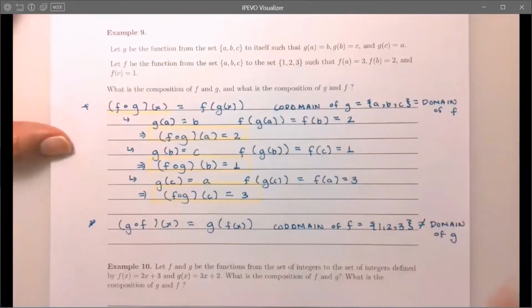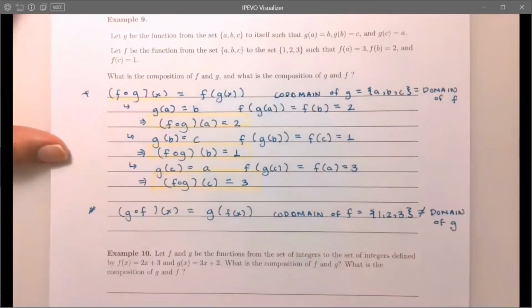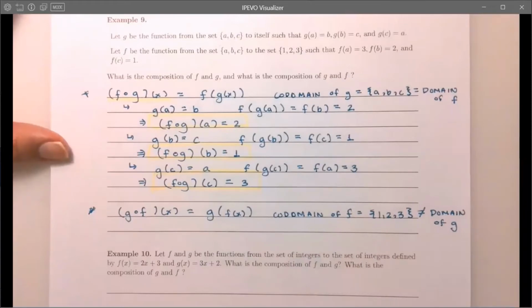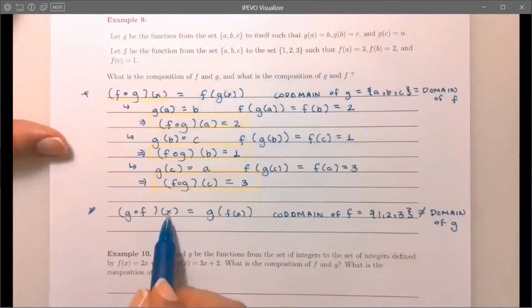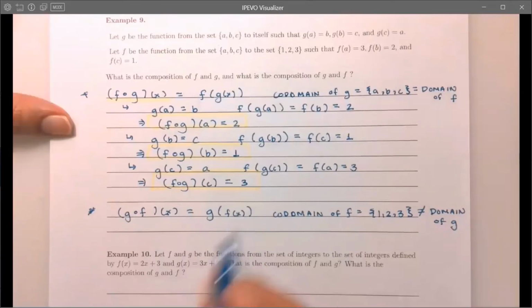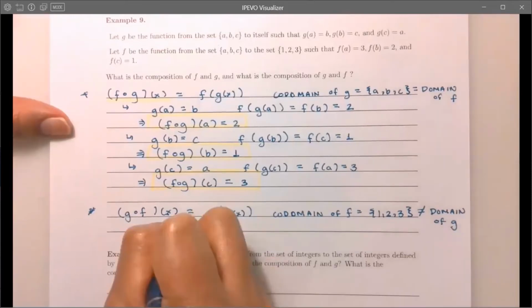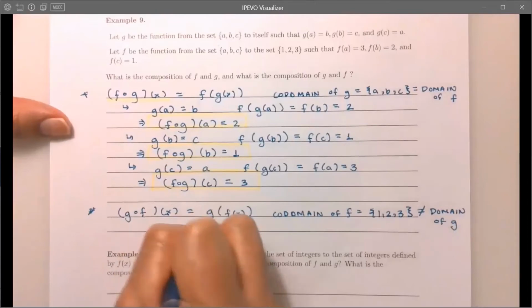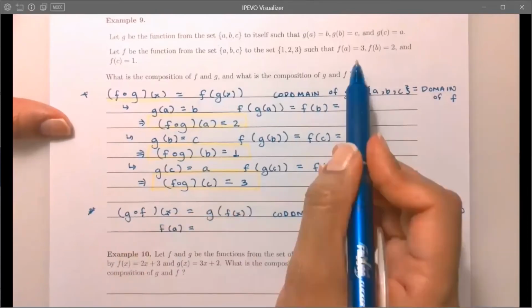So technically we're not going to be able to perform this composition, but even if we didn't check for this condition, we'll see at the moment that we try to take the composition at the first element. If I try to take an element from the domain of f, which is ABC, f evaluated at A is 3.